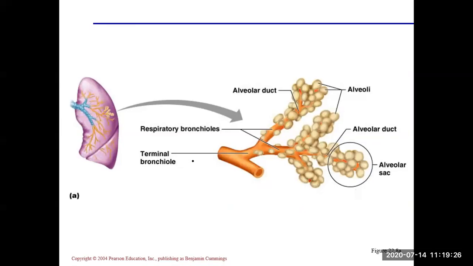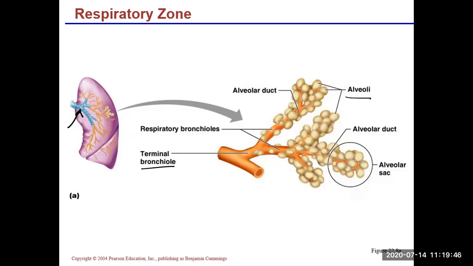Right over here, you could see the bronchiole leading to the alveoli that I just mentioned, and alveoli are the air sacs. These in blue color are the different types of bronchi: primary, secondary, tertiary, and then it gets to the bronchiole.